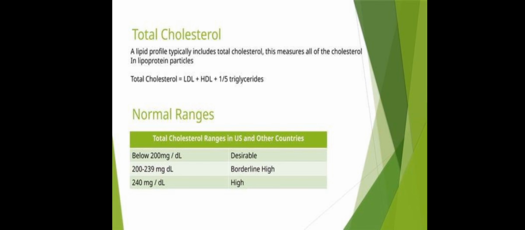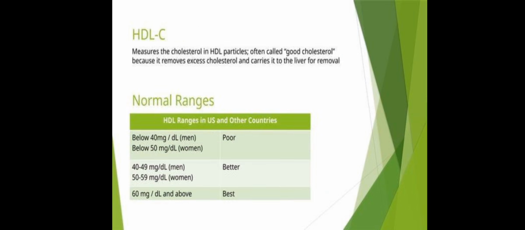A total cholesterol below 200 milligram per deciliter is desirable, and above that value it is considered abnormal. It is categorized into two: 200 to 239 milligram per deciliter is known as borderline high, and above 240 milligram per deciliter it is high. This value is common for total cholesterol only.